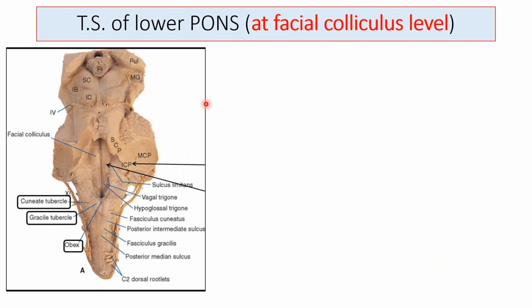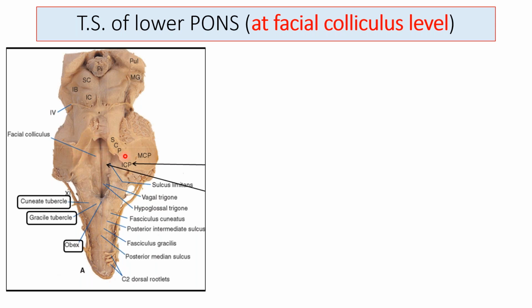Now coming to the transverse sections of the pons. First we'll do the transverse section at a lower level, at the level of the facial colliculus. These are the facial colliculi. This is the junction between the medulla and the pons. You should be able to differentiate between the two portions. This is the open part of the medulla, this is the lower portion of the pons, and this will be the upper portion of the pons.